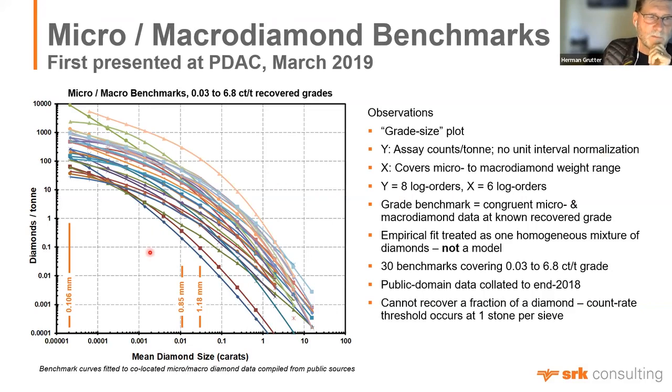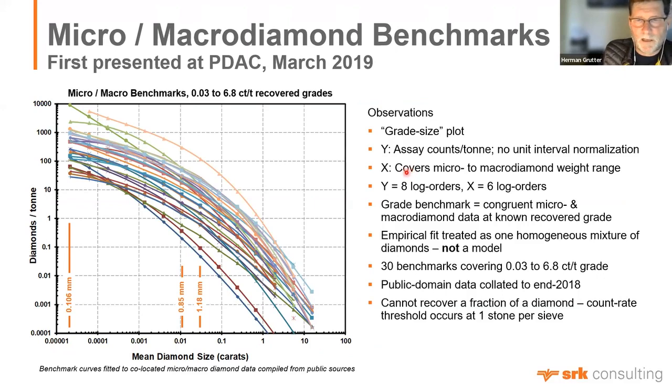The advantage of doing that is that the distance between 2 points on this graph is constant. If you have root 2 sieve size data, then your data points are equally spaced on a log scale. That's very important in terms of fitting curves and being able to predict them reliably to coarser stone sizes.